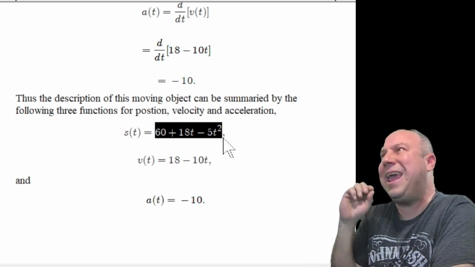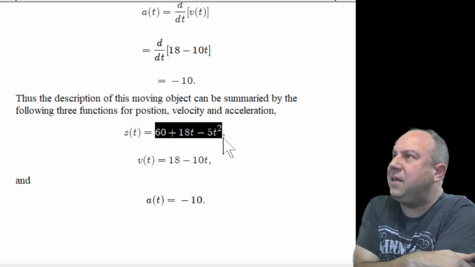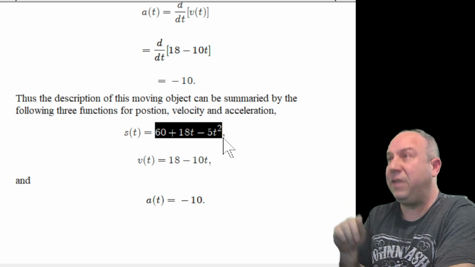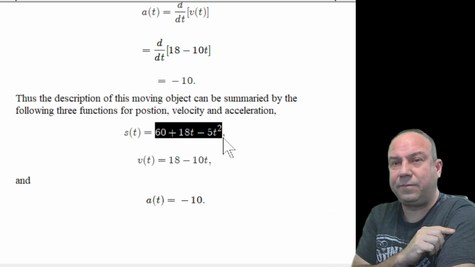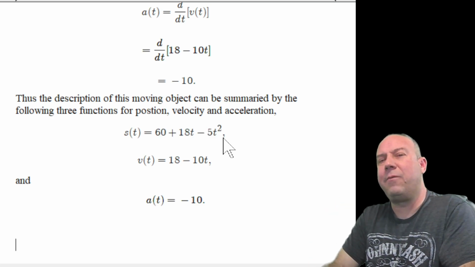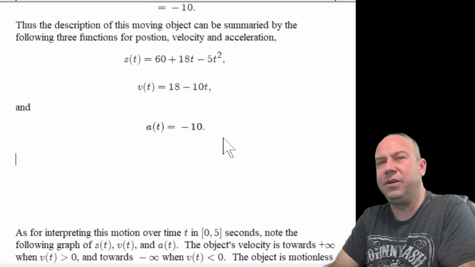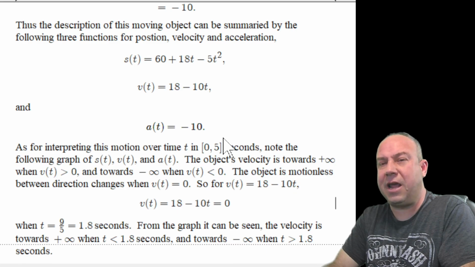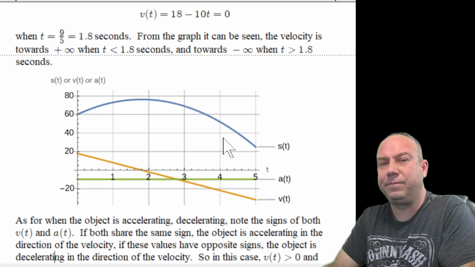We'd be moving at 8 feet per second. And again, my acceleration would still be -10 feet per second squared. All right? I would have these interpretations for my velocity, acceleration, and position.